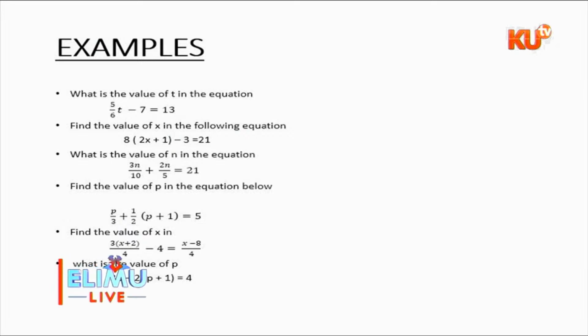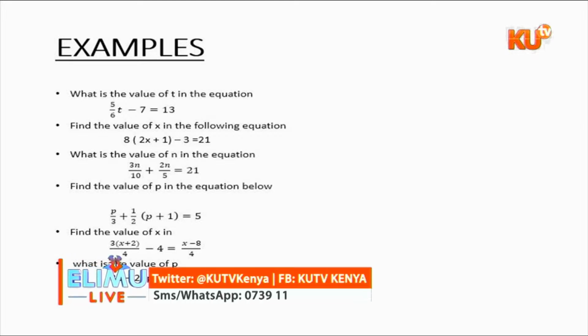What is the value of n in the equation? So you're going to do another one. What is the value of n in the equation? The equation is 3n over 10 plus 2n over 5 is equal to 21.